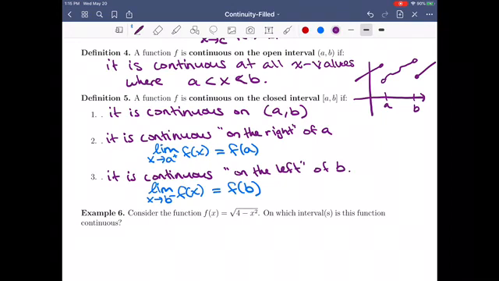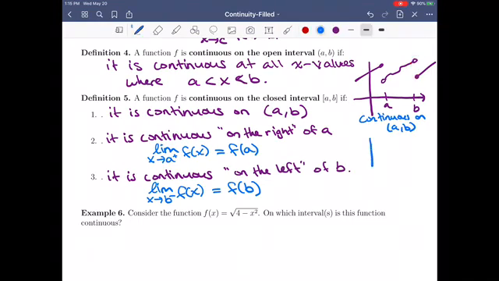So this would be continuous on the open interval a to b, because I can draw all these points that are inside without lifting my pen, so they're all continuous. But the endpoint limits, as I approach a from this side, I go to this hole, not this point. As I approach b from this side, I go to this hole, not where the point is. So it's only continuous on the open interval.